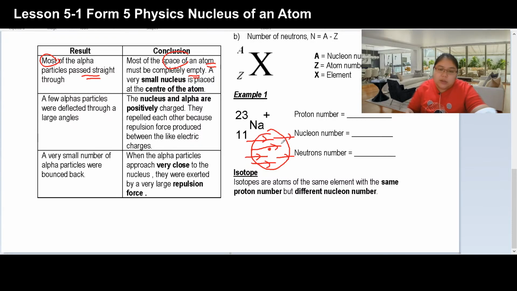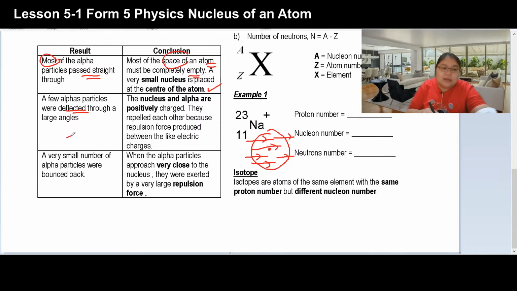Because of this result, we can conclude that the nucleus inside the atom is a very small size, surrounded by empty space. One more thing: the nucleus must be at the center of the atom, because we find all the alpha particles at the side. So this is the first result. The second result is that a few of the alpha particles are deflected.